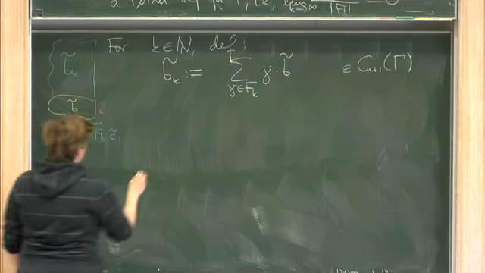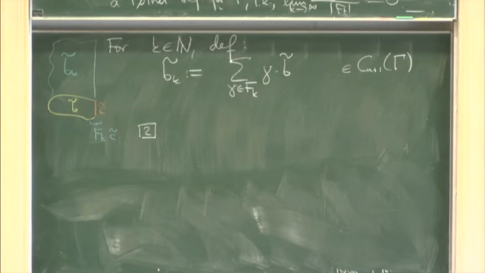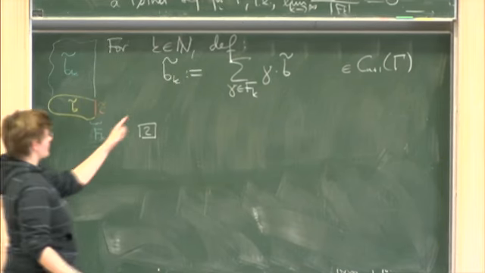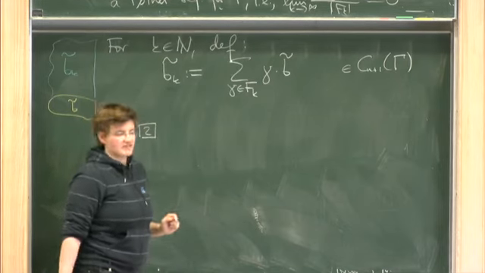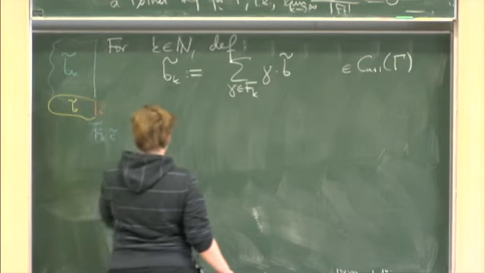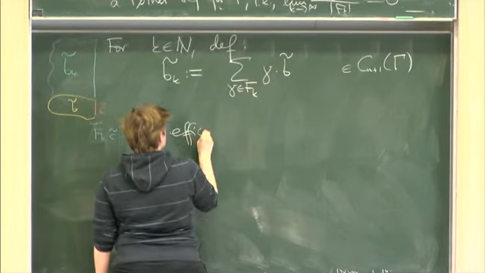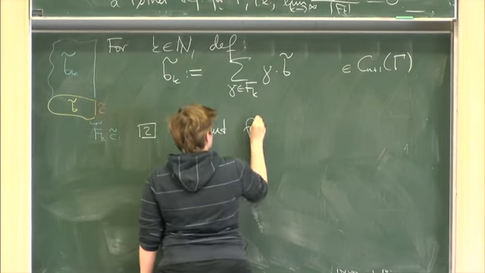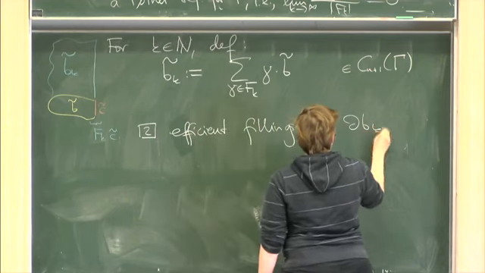And now what do we do in the next step? Now we can look at the boundary of these sets, and then we can try to fill them more efficiently than before. So we look at efficient fillings of the boundary of B_k tilde.